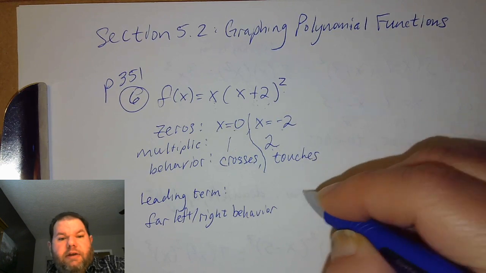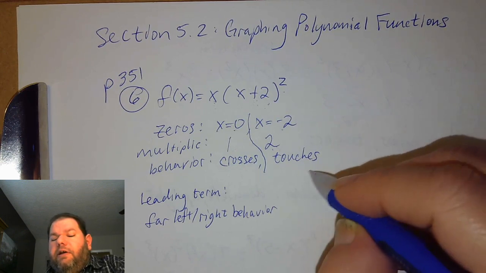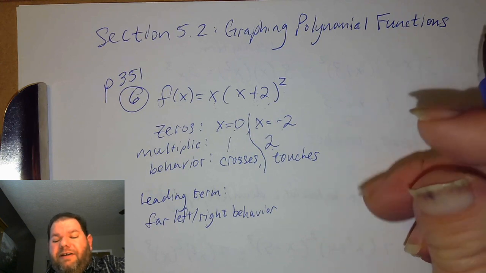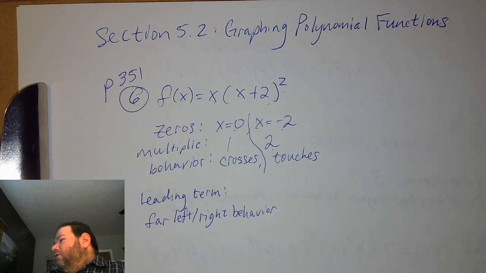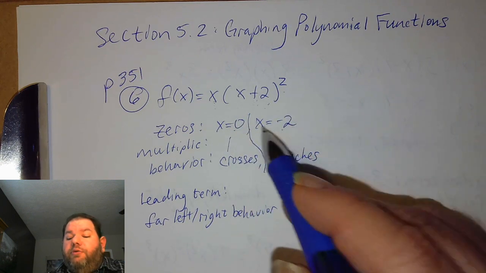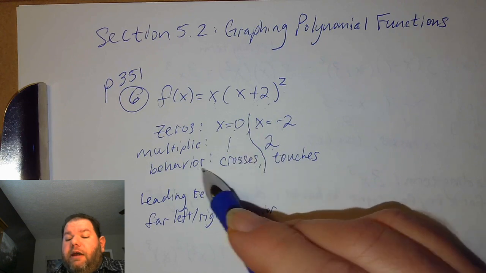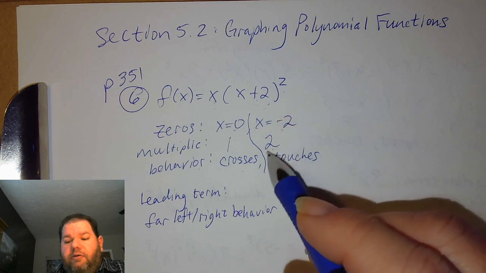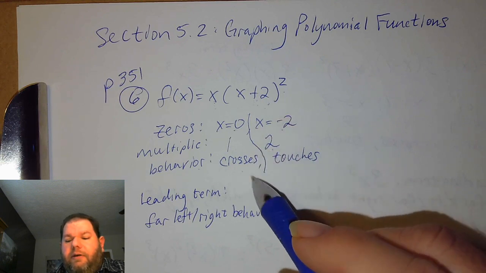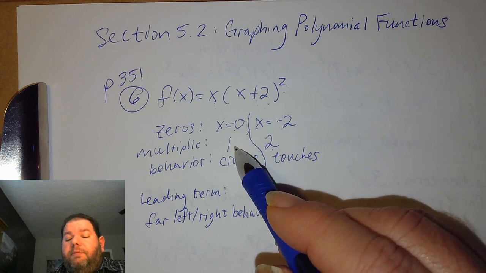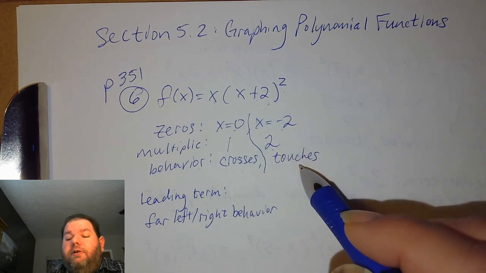And again, we could say intersects without crossing, but touches has a little more brevity. Now notice we're considering these completely separately from each other. When we talk about the behavior, we're looking at the multiplicity, not the number itself. That's one place where I've seen students get mixed up. An odd multiplicity crosses, even multiplicity touches.